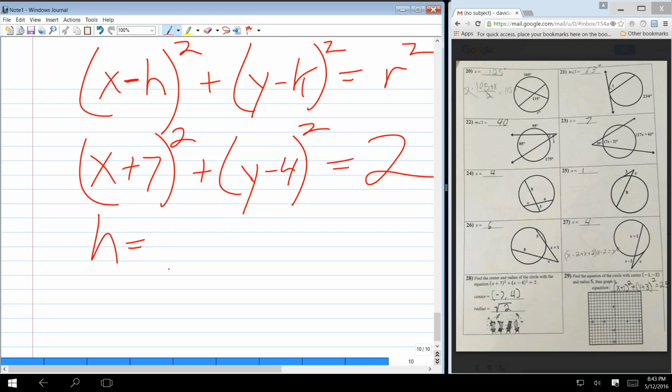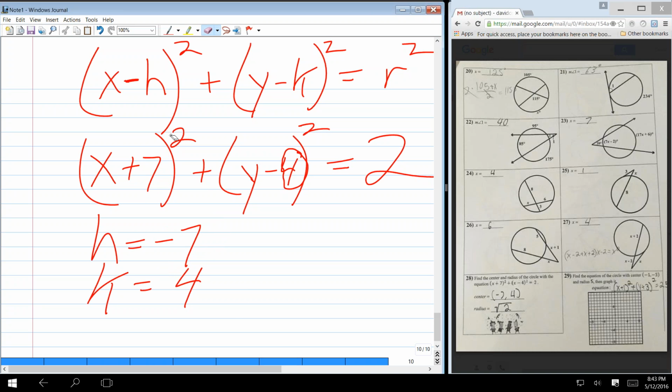So h is minus 7 and k is 4. It's x minus h. If h were minus 7, then we'd have x minus a negative 7, which we would end up with x plus 7. So if you have a plus sign there, it means h is negative.